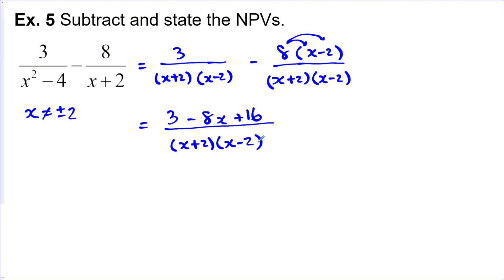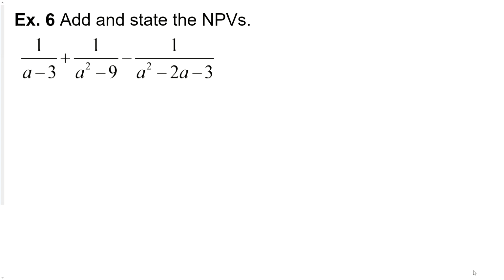We want to see it in its factored form at the end. Now you have 3 plus 16 is 19, and the denominator stays the same. We look for a common factor between the numerator and the denominator, and we don't have one. So we're done.